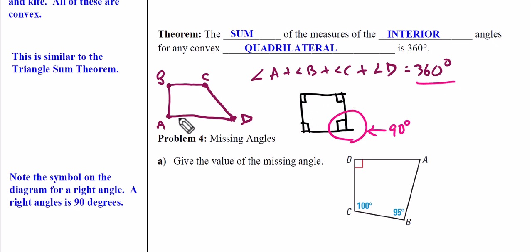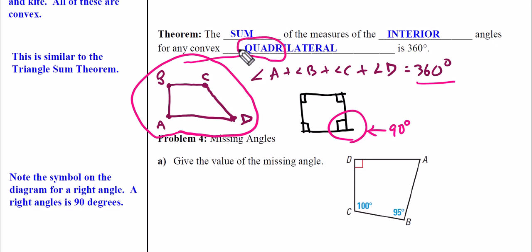Now, we can't get away with that on something weird looking like this trapezoid. That's what the proof that we're going to do in the other assignment is all about. So just be aware, keep an eye on that proof, and take notes on it. Suffice it to say that any convex four-sided polygon, if you add up all 4 angles, it's equal to 360 degrees.